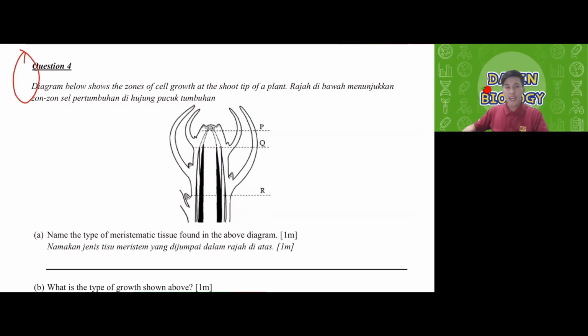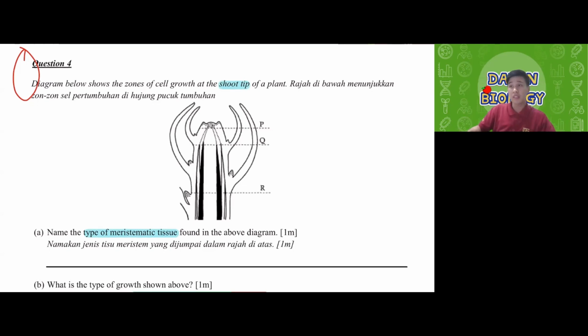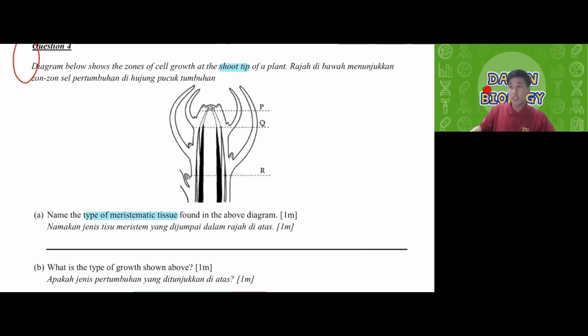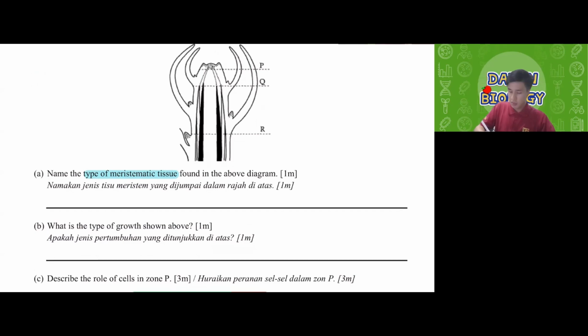A. Name the type of meristematic tissue found in the above diagram. So what is the type of tissue found? Meristematic. Now there are two meristematic tissues we mentioned earlier. The meristematic tissue at this shoot tip is called, yes Jacqueline, yes Yingchen, yes Patrick, very good, apical meristem.